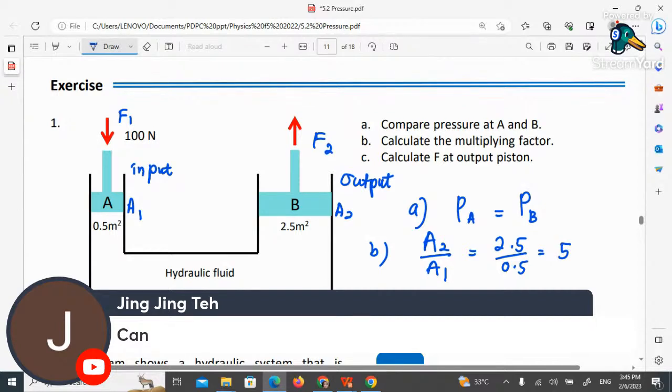Means 5, no unit, 5 times. C, calculate F at output piston. Means F2 equals 5 F1. Multiplying factor multiplied by input force. 5 times 100, so we get 500 Newton.